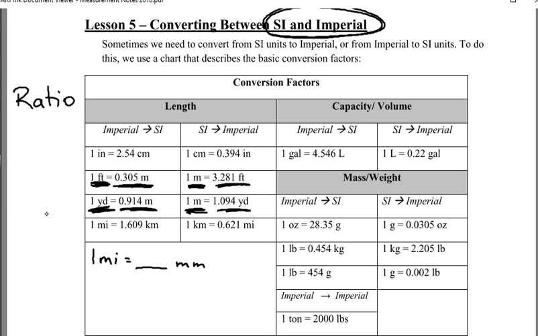Well, if I looked at my charts, I could go from mile to kilometer and then convert my kilometers to millimeters. So there's ways to do it, but we don't need a monstrous chart that has every single relation on there. It just gives us the relations that will be most common.